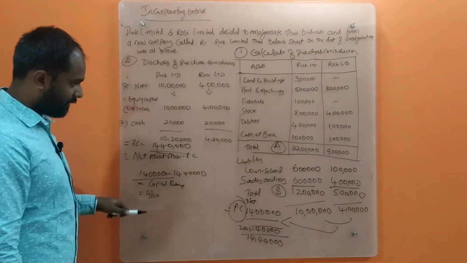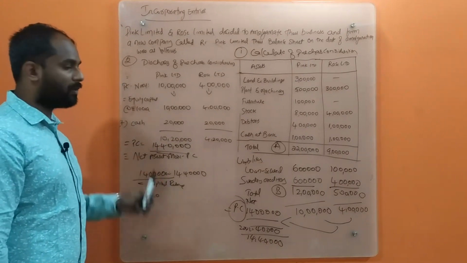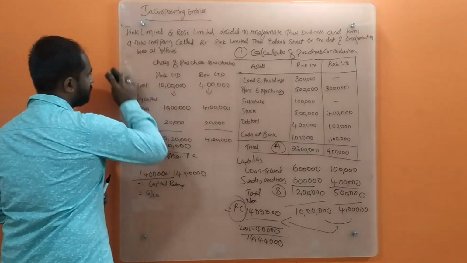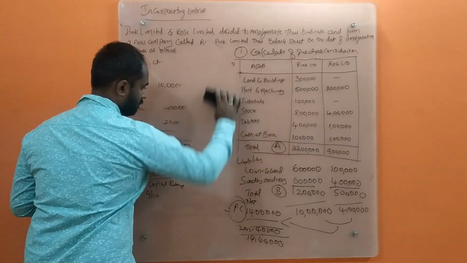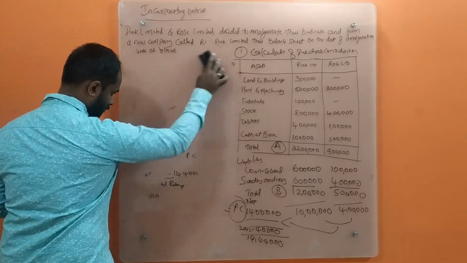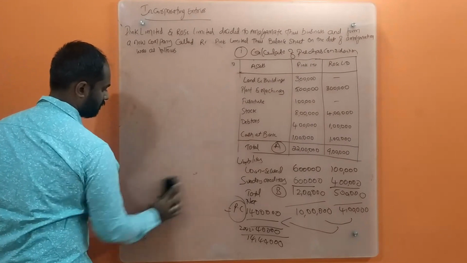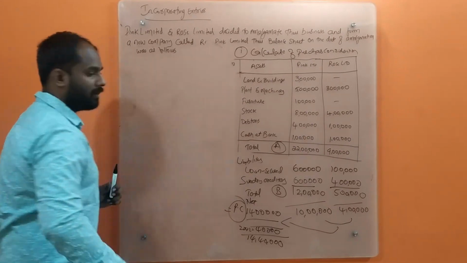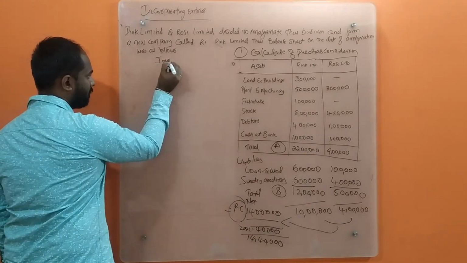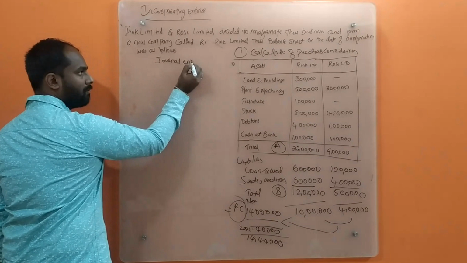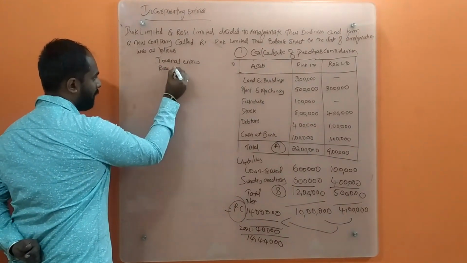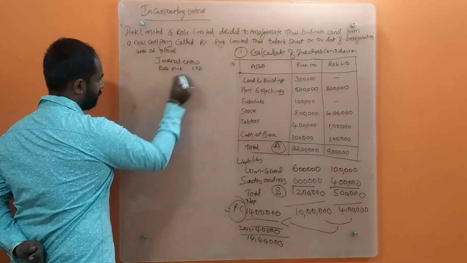So I'll erase this side of the portion. So I'll post the opening journal entries in the books of Rose Pink Limited. Okay. Journal entries in the books of Rose Pink Limited.